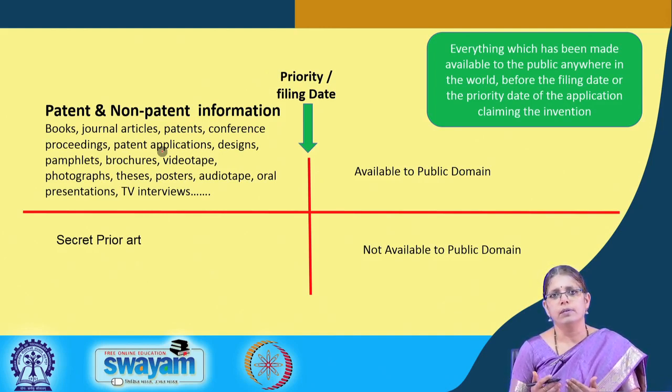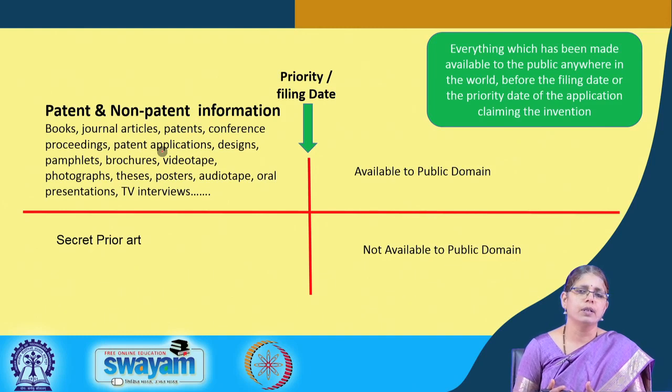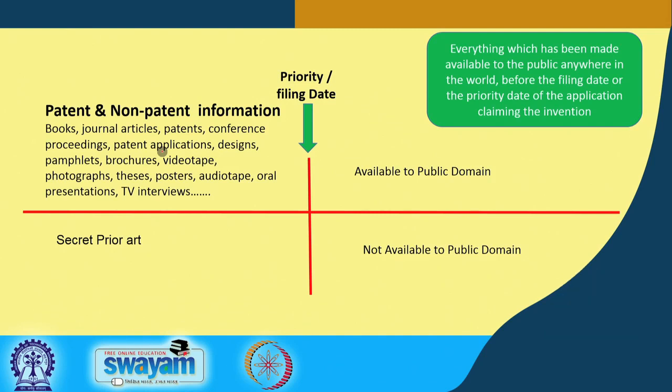The challenge that we have with respect to looking at documentation in relation to published data is that it means anything available which is published in the world. Information from all patent offices is not available in the uniform way. In case of some patent applications, only the abstract is available.